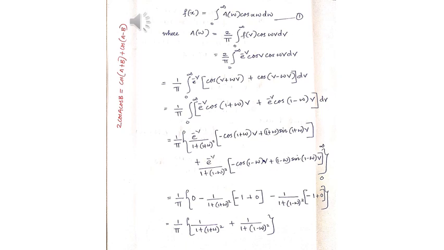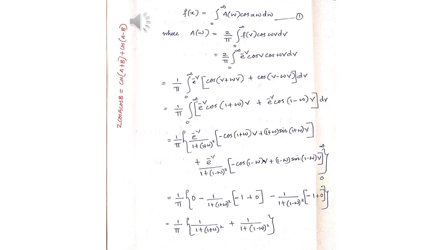For a we are having v, and for b we are having omega v. That is 1 by pi integral 0 to infinity e raised to minus v into (cos of v plus omega v, plus cos of v minus omega v) the whole into dv.